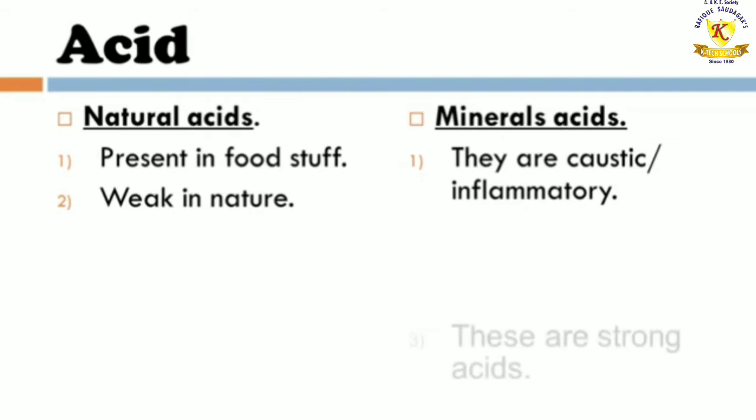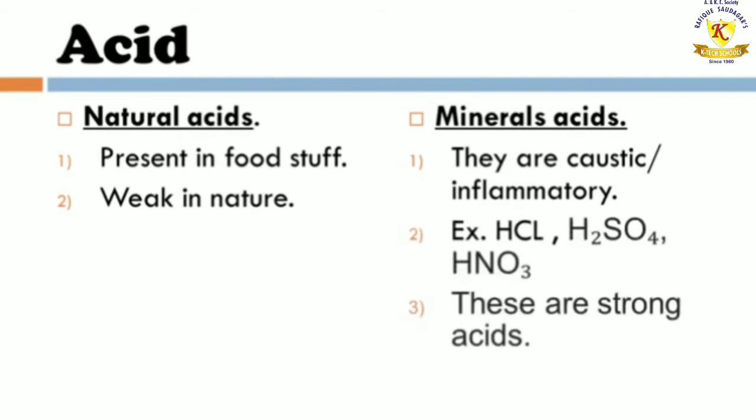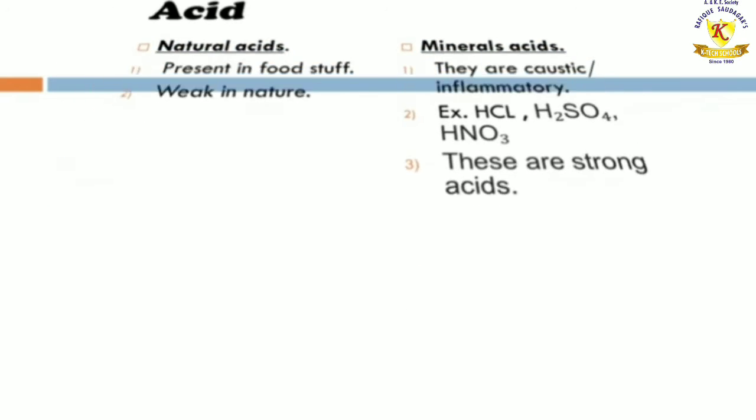They are called mineral acids, and some acids are strong in nature. For example, HCl, hydrochloric acid, H2SO4, sulfuric acid, and HNO3, that is nitric acid. These are some examples of mineral acids, and these mineral acids are also strong acids. They are strong in nature and highly caustic and inflammatory, and harmful to our skin.